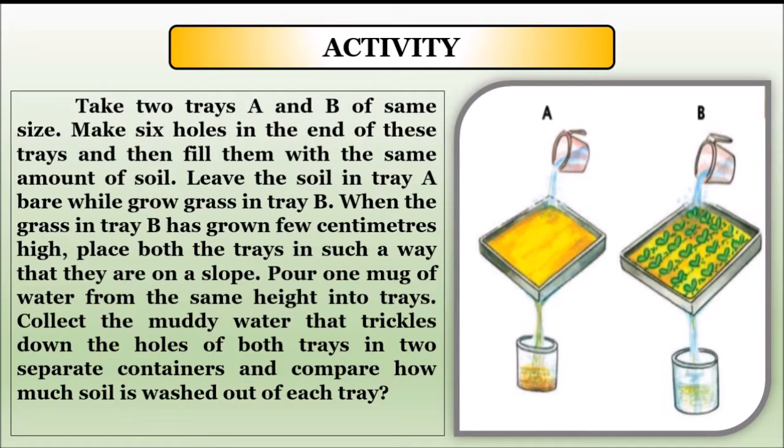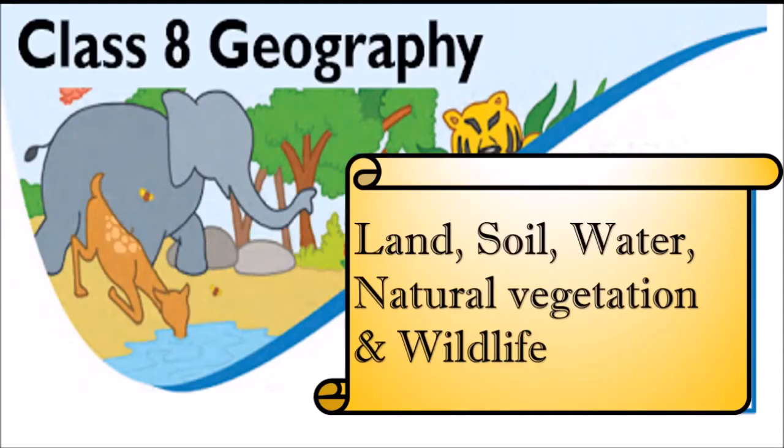How the soil is getting washed away along with the water, and the difference between the two trays, one with plants and one with plain soil. This is the activity we discussed in the last session.